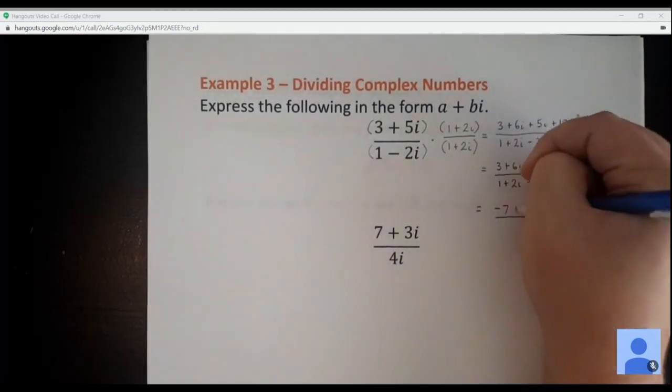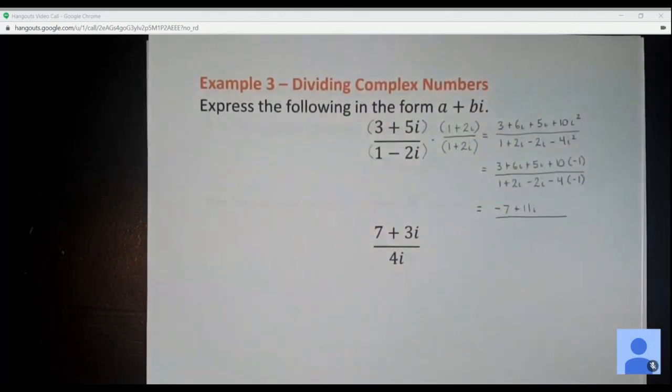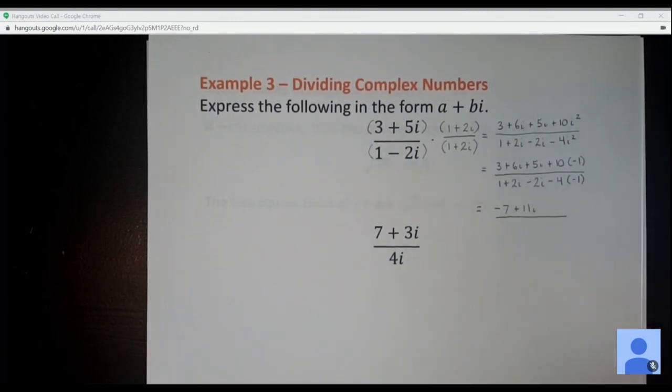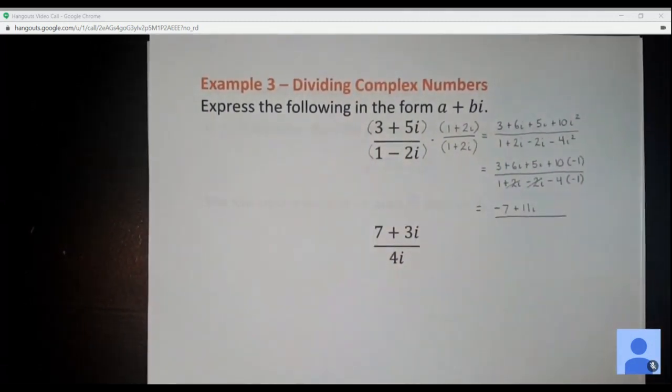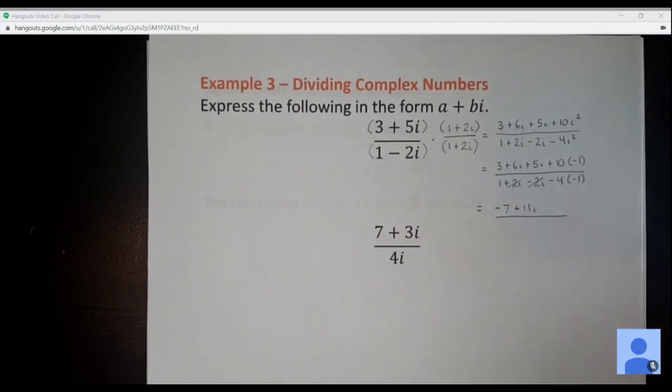Good, so positive 11i. So that takes care of the numerator. Now, if we look at the denominator, what's going to happen to our imaginary parts? Cancel out, right? So these right here are opposites. Those are just going to cancel. And so now we really only have to worry about combining those real parts, and that should give us what?